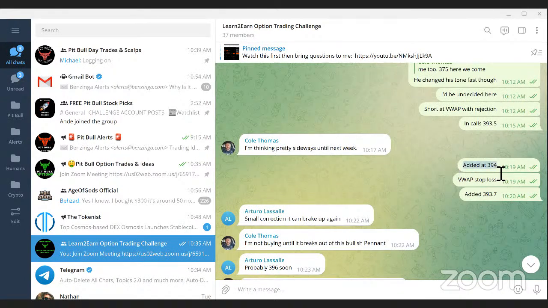This one I was in at 394. I was in at 393.50. It went up, so I started rolling with the momentum and added some at 394. We were just pulling over VWAP, so I wanted to see a big breakout through VWAP. We didn't get it. So I set a stop loss once we started going up over VWAP.